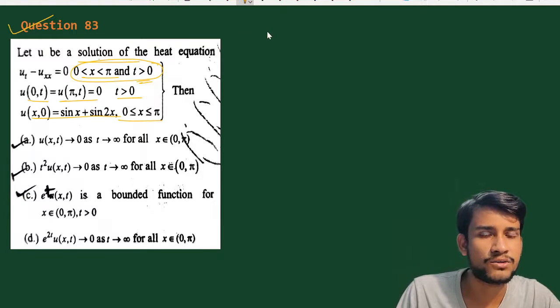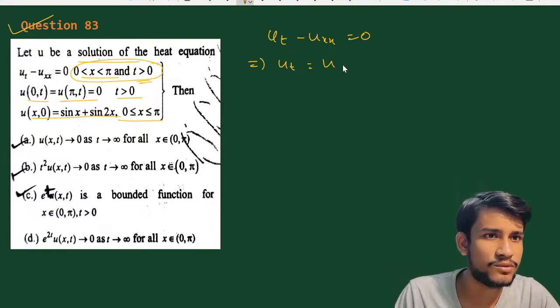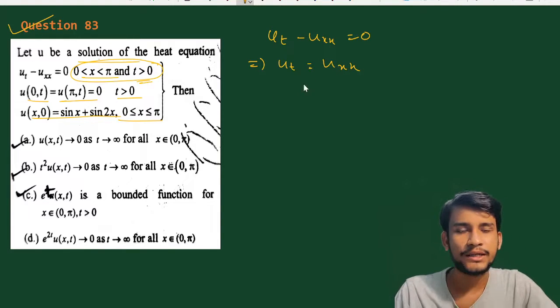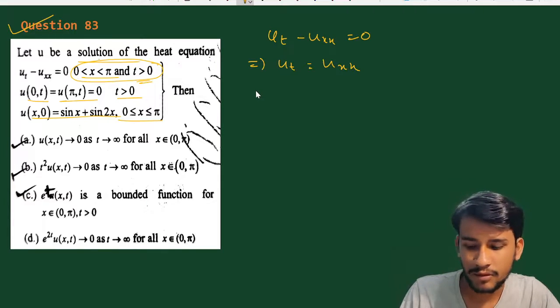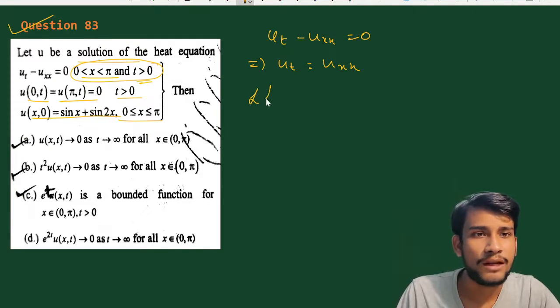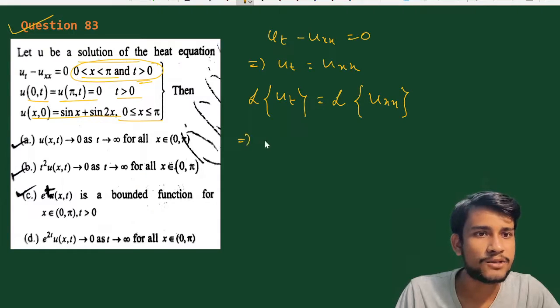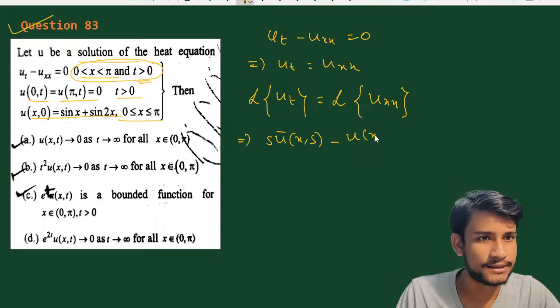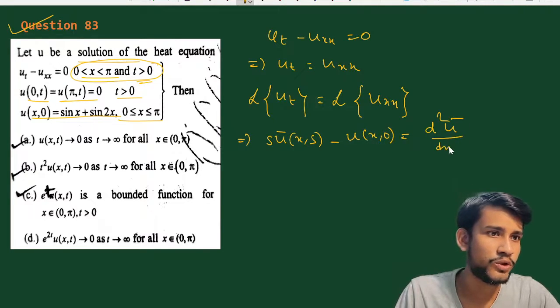So for the question, ut minus uxx equal to 0 means ut is equal to uxx. Now if we apply Laplace transform, Laplace of ut is equal to Laplace of uxx, and Laplace of ut means s u bar(x,s) minus u(x,0), clear, and this is equal to d2 u bar dx square, clear.